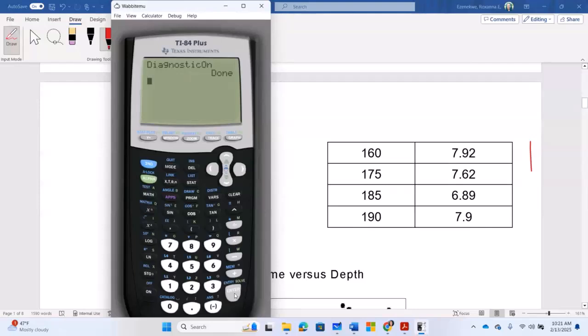Okay, so now I can tell my calculator that I want to do a linear regression analysis. And how do I tell my calculator? I can just zoom 9 again and I see the scatter plot again. But this time I want to tell my calculator that I want to draw a linear graph. So stat, arrow to calc. I'm doing a linear equation. There are two kinds of linear equation.